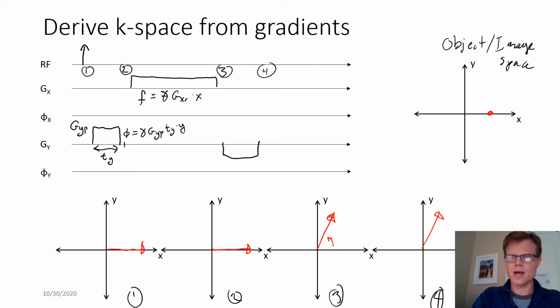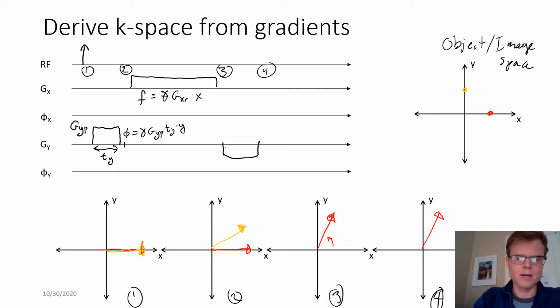And let's consider the opposite case, where we have some y offset, but not an x offset, but net magnetization in the transverse plane. Now, the first gradient does create some net rotation of this object.